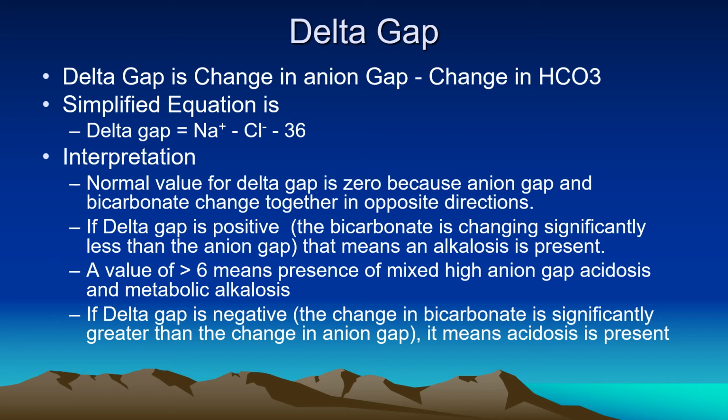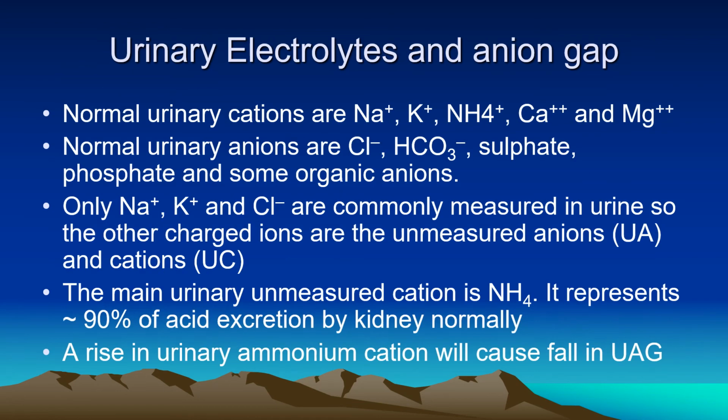A value of more than 6 means presence of mixed high anion gap acidosis with metabolic alkalosis. So this way, by using delta gap in place of delta ratio, we can find out the variation and concurrence of the mixed acid-base disorder.